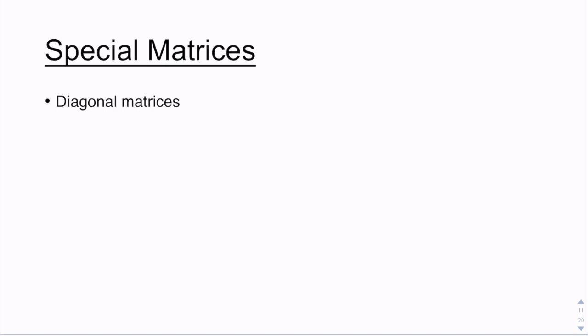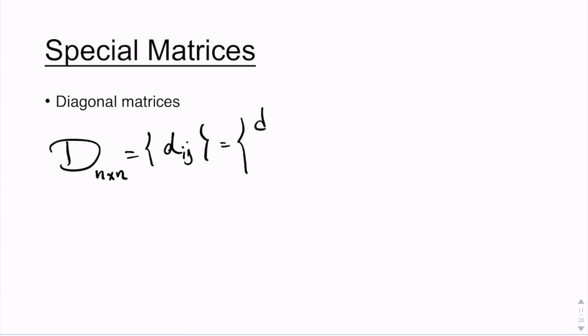So if D is an n by n square matrix, whose elements are d, i, j, then d, i, j is not 0 if i equals j, and d, i, j is 0 when i is not equal to j.